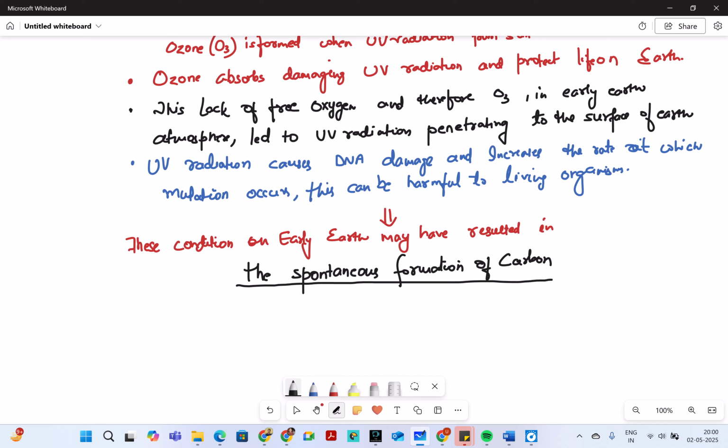Fine. So all the scientists came to know that there is a spontaneous formation of the carbon compounds, right? And now the question is how they are formed? By chemical processes.